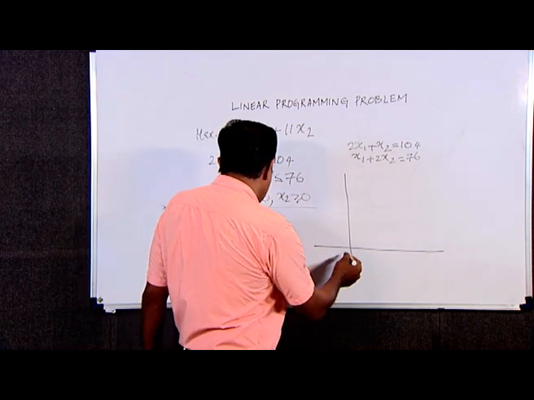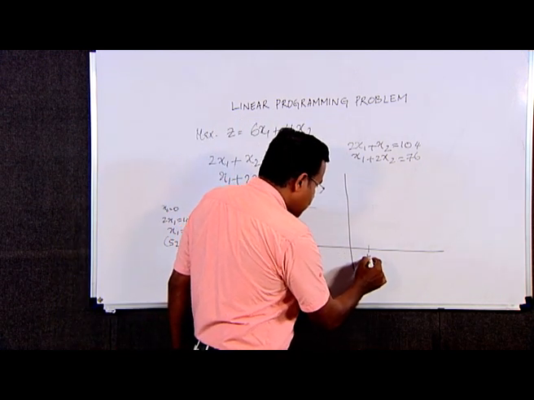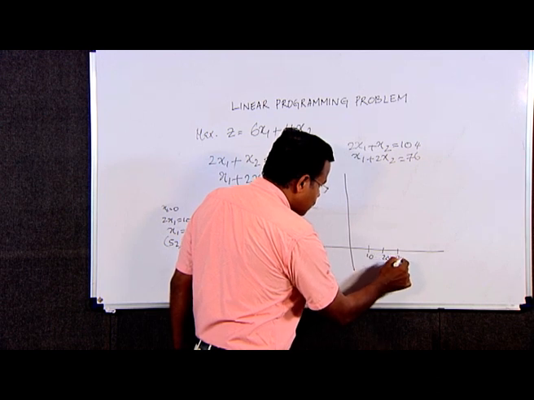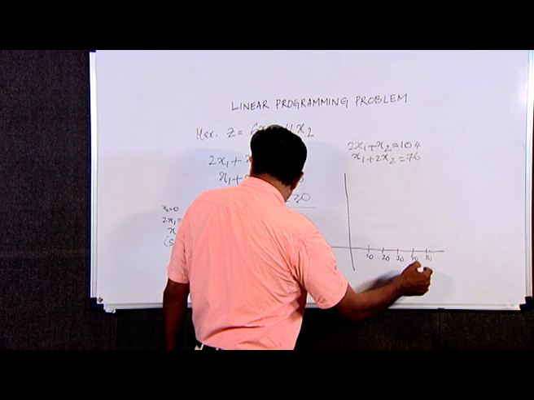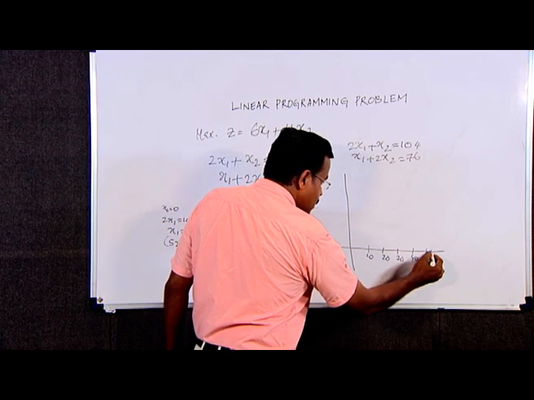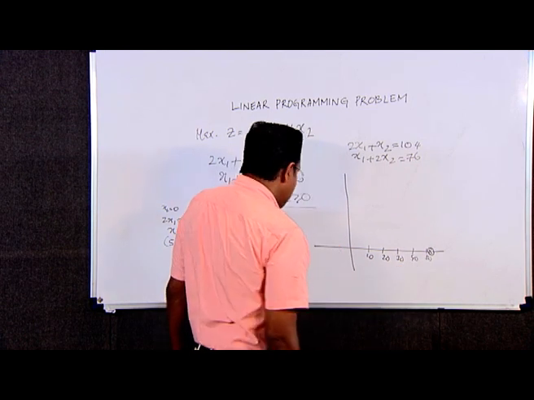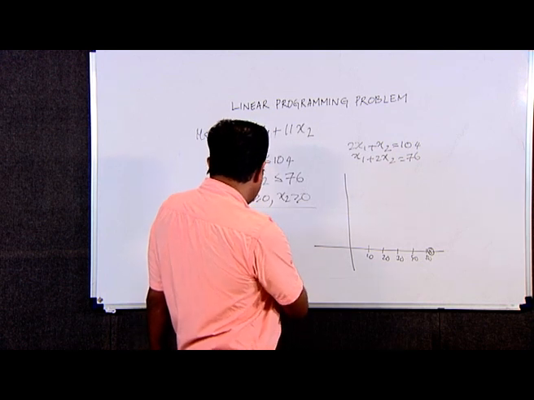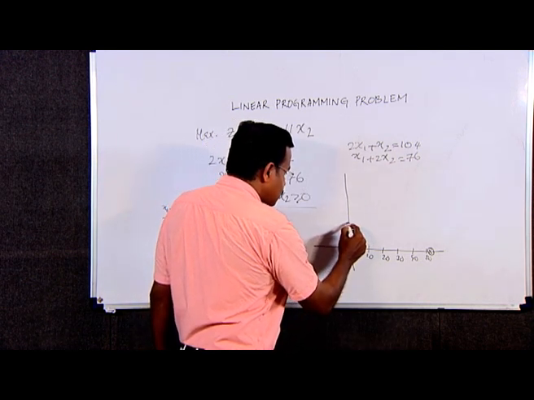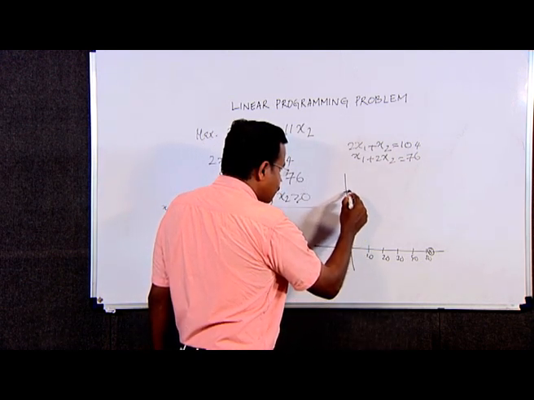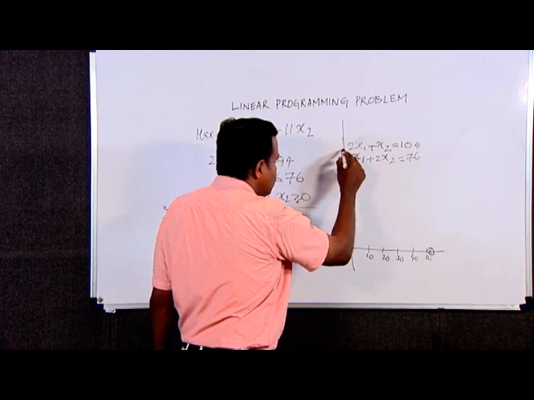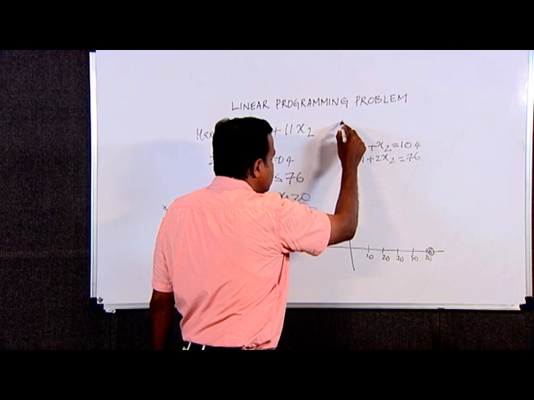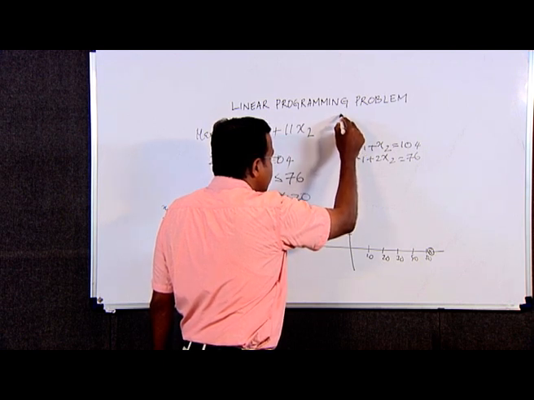So, the x value is 52; let it be 10, 20, 30, 40, 50, now somewhere here it is 52, that is (52, 0). And another point is (0, 104): 10, 20, 30, 40, 50, 60, 70, 80, 90, 100, somewhere here you can get this point 104.